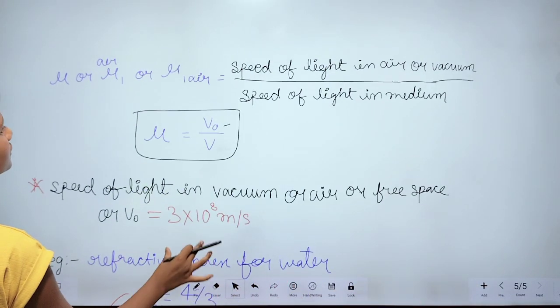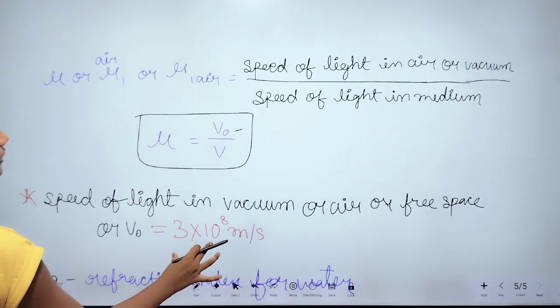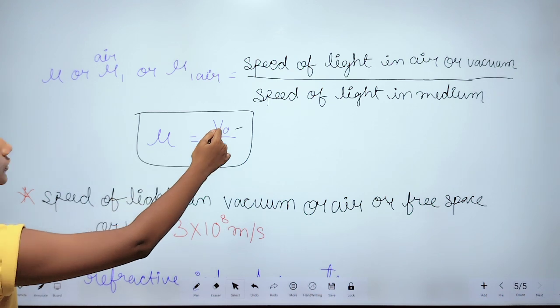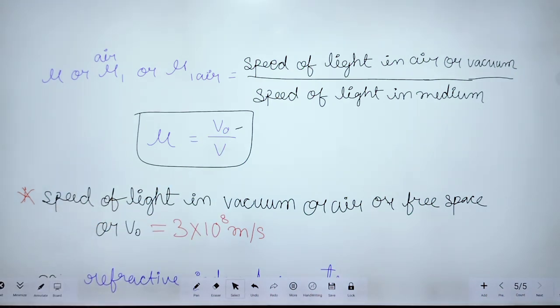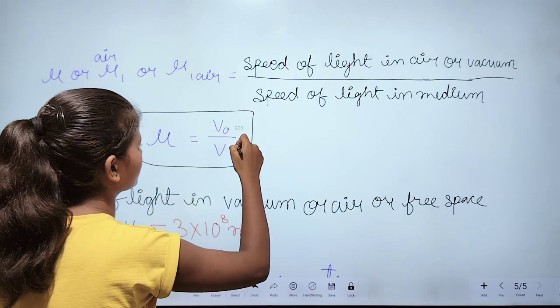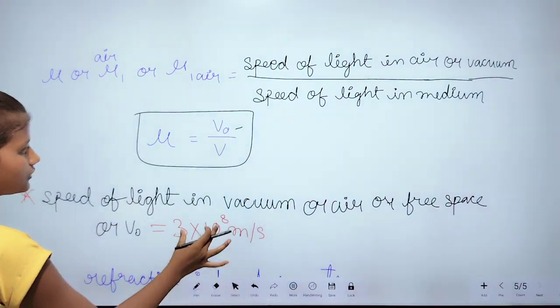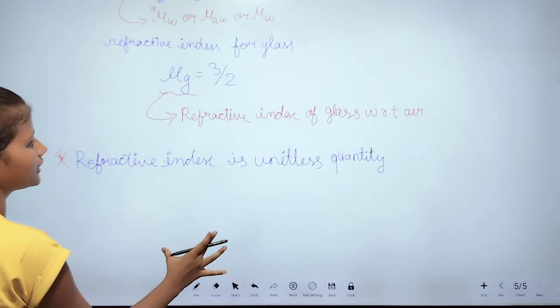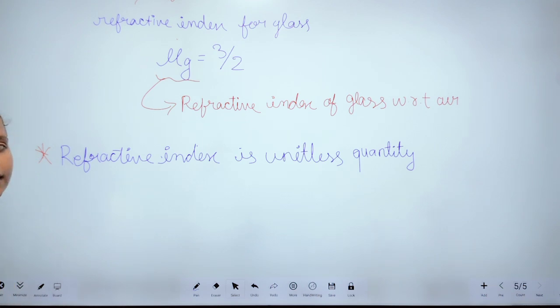Why? Because here this one is also speed, and the unit of speed is meter per second. Meter per second by meter per second is cancelled. So absolute refractive index is a unitless quantity.